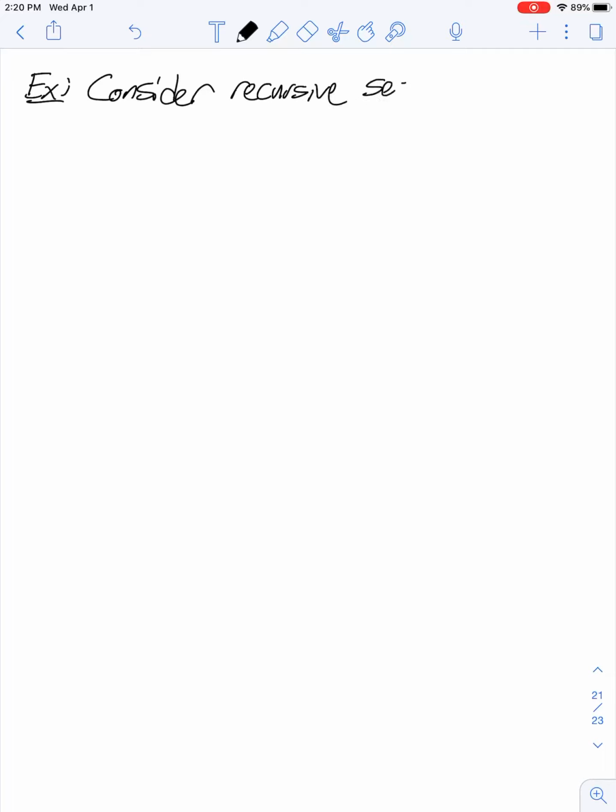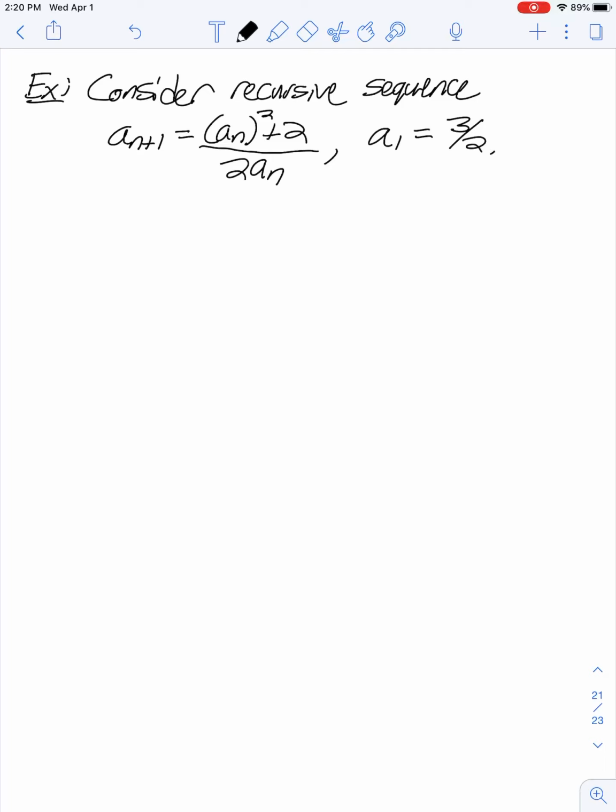So in our last one, let's consider the sequence which is a recursive sequence, defined as a sub n plus 1 is equal to a sub n squared plus 2 over 2a sub n, where the first term of our sequence a1 is 3/2.